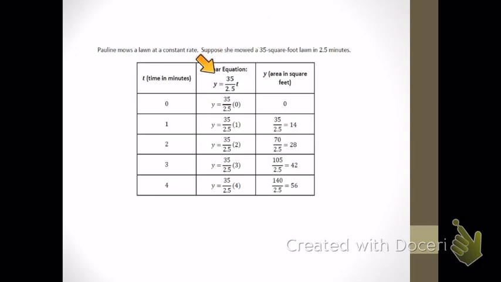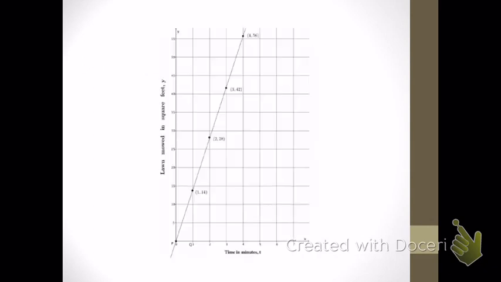And so we came up with this equation and saw that in 0 minutes, she could mow 0 square feet. In 1 minute, 14, then 28, and so on, by doing the math on 35 divided by 2.5. All right, and that led to a graph that looks something like this, and we've connected these points with a line here.